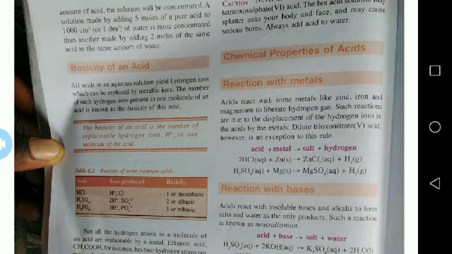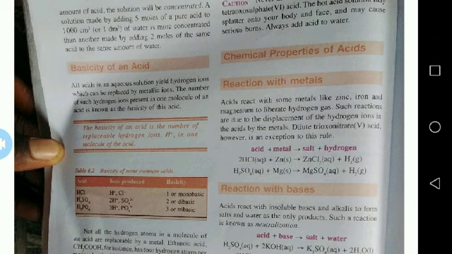Number 3, the concentrated form of strong acids like hydrochloric acid, trioxonitrate 5 acid, and tetraoxosulfate 6 acid are corrosive. Corrosive means they can burn. For example, if you take the acid out of a car battery and touch it on your body, you will get burnt. I'm saying that because I have that experience.